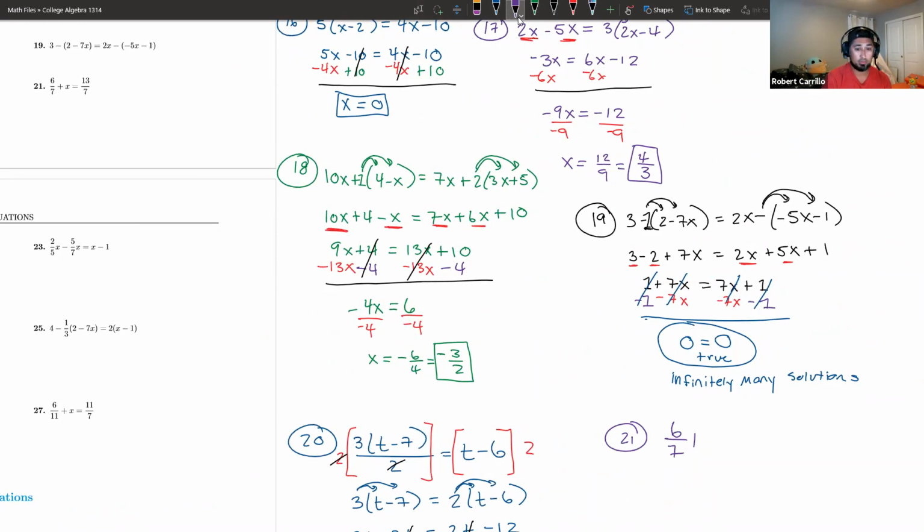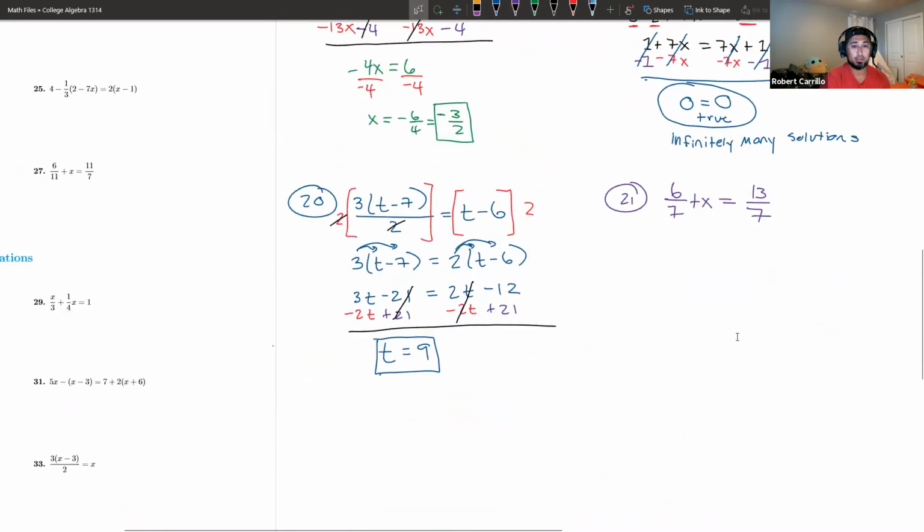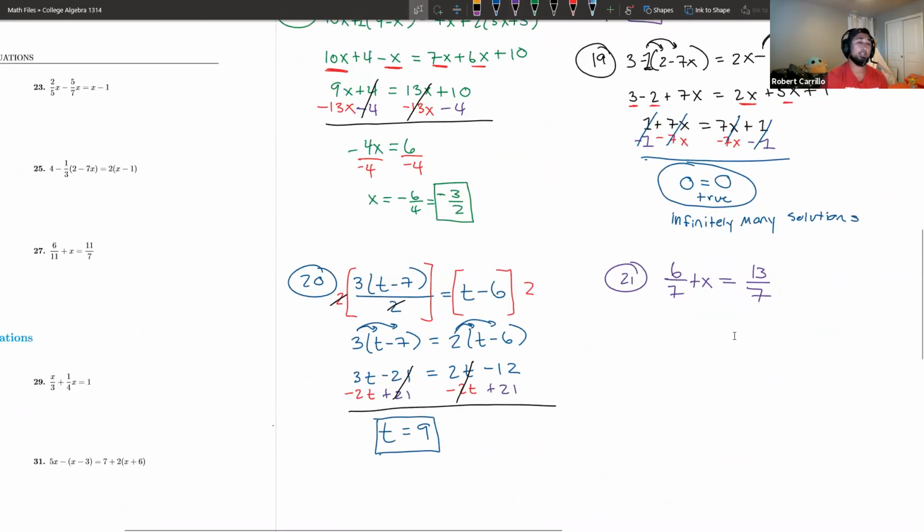6/7 plus x equal to 13/7. Oh, this one's not bad at all. So all you have to do here is solve for x. So you just take the 6/7 and subtract it to the right side. So I'll say minus 6/7, minus 6/7.